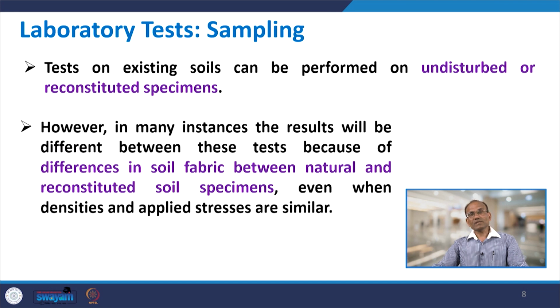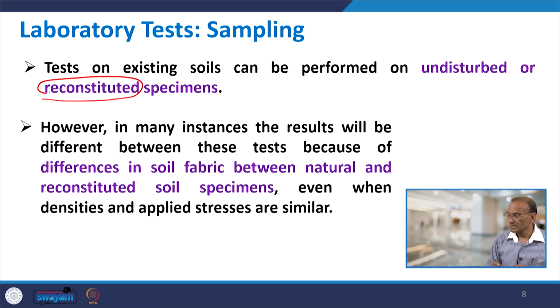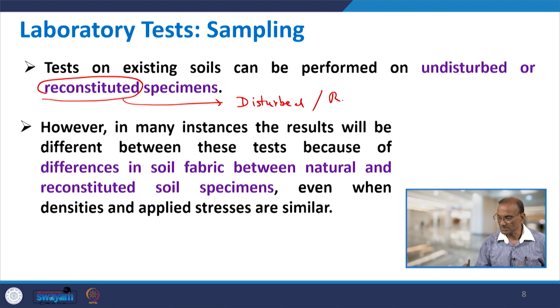Tests on existing soil can be performed on undisturbed or what we call reconstituted specimens. Reconstituted is sometimes also called remolded or disturbed. They are not synonymous with undisturbed; rather, this comes under the category opposite of the undisturbed sample. It is also called disturbed or remolded samples.